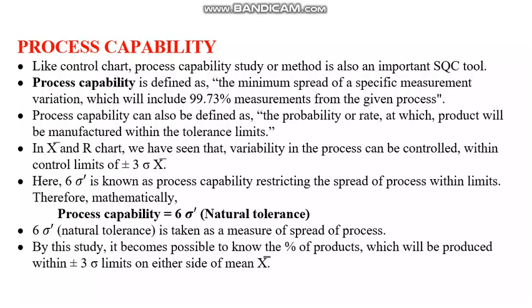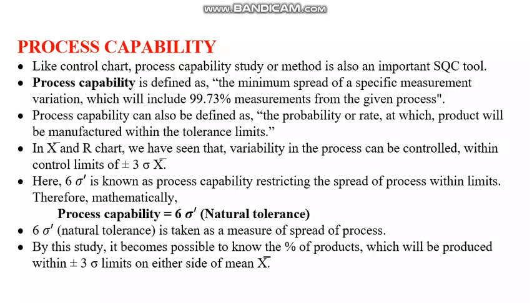By process capability study, it will be possible to know the percentage of products which will be produced within the plus or minus 3 sigma limits on either side of the mean X bar.